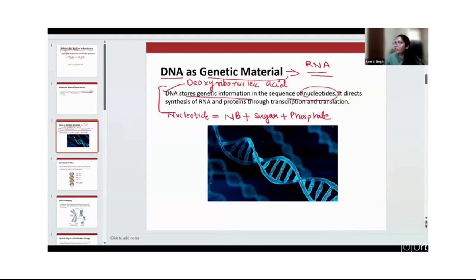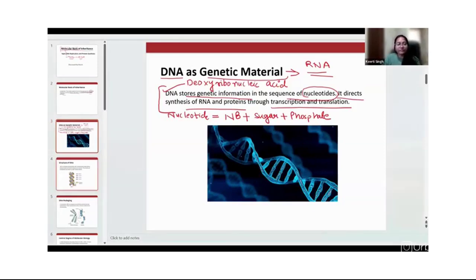Right? And this DNA directs the synthesis of RNA and proteins through specific processes that are known as transcription and translation, which we are going to study in this chapter. Right?